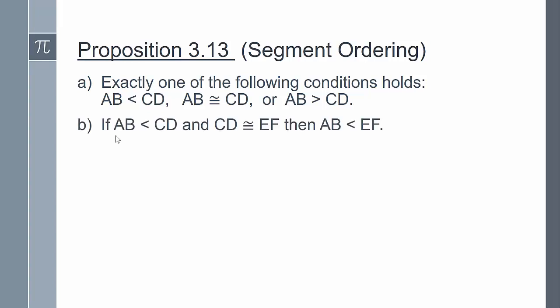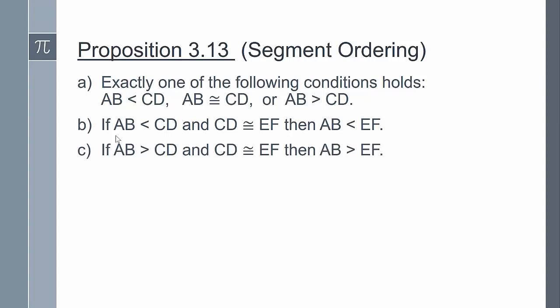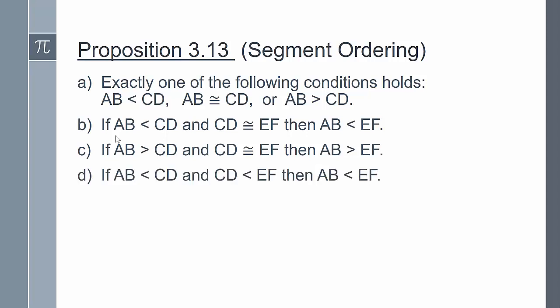The second part states that if AB is less than CD and CD is congruent to EF, then segment AB is less than EF. Part C, if AB is greater than CD and CD is congruent to EF, then AB is greater than EF. And part D, if segment AB is less than segment CD and CD is less than EF, then AB is less than EF.